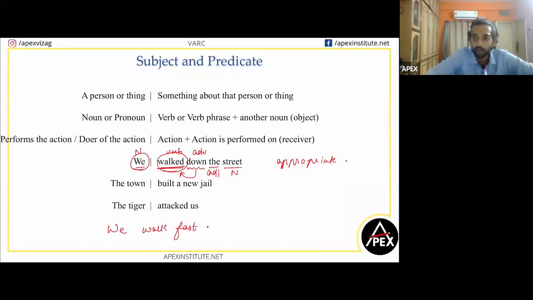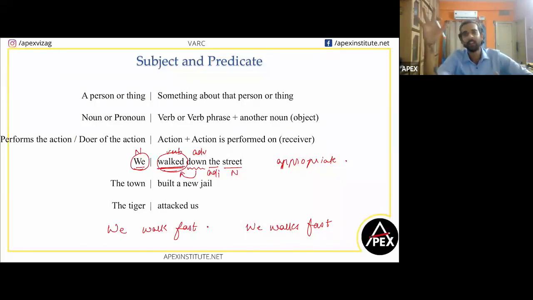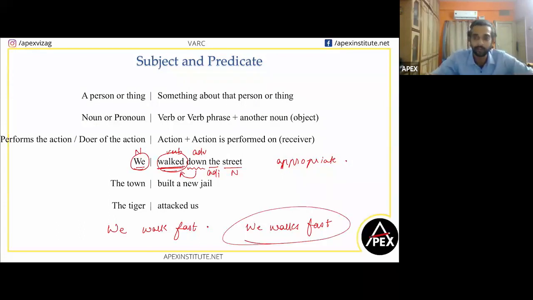Is this also appropriate? Yes, fine. Can I say "we walks fast"? No, right? So there is something that's wrong. At least maybe we don't know exactly what is wrong, but somehow we figured out that this does not make a lot of sense.